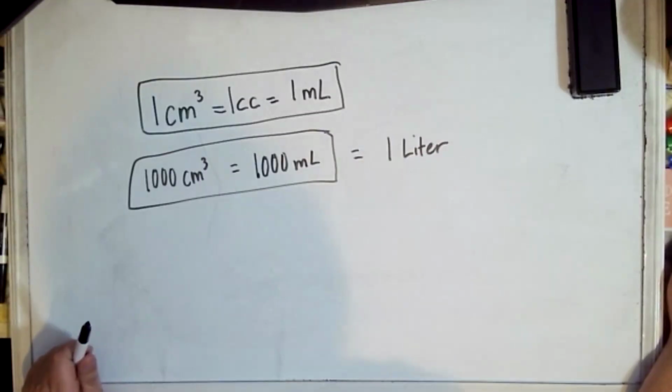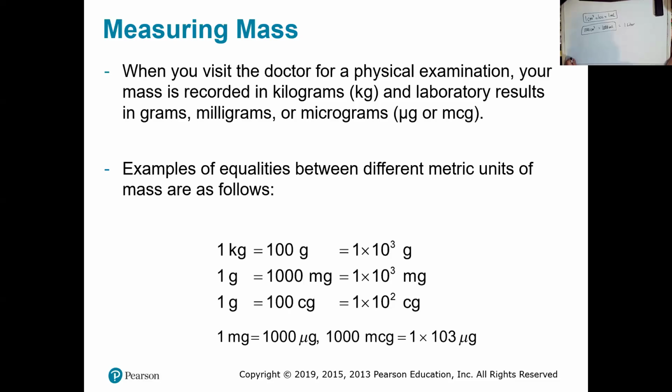All right. Let's look at the mass measurement equalities next. Okay, so then the next ones that we want to look at are just some common mass measurement prefixes. Our gram is our base unit, but we know that we give it a prefix in front of that base unit depending on whether we're looking at things that are larger or smaller.